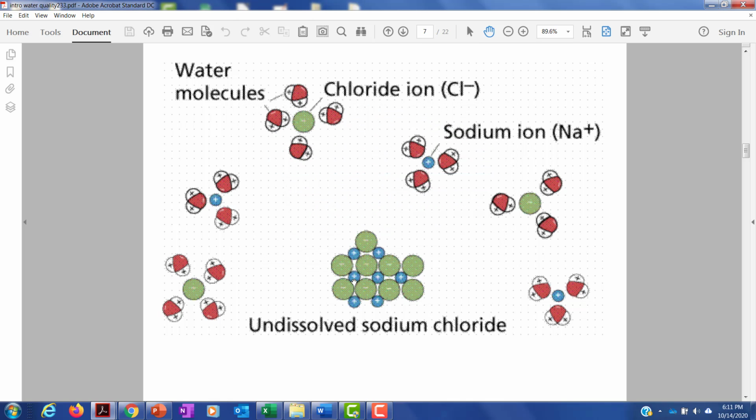You put it in the water, and what the water will do is pull these things apart, in effect, and take these pluses and surround them with the negatively charged sides of water molecules, and it'll take the minus chloride and surround it with the positive ends of the water molecules. And that is what salt looks like when it's dissolved in water. It's completely part of the water at this point, and as we'll see, very difficult to remove if you wanted to get it out of the water.